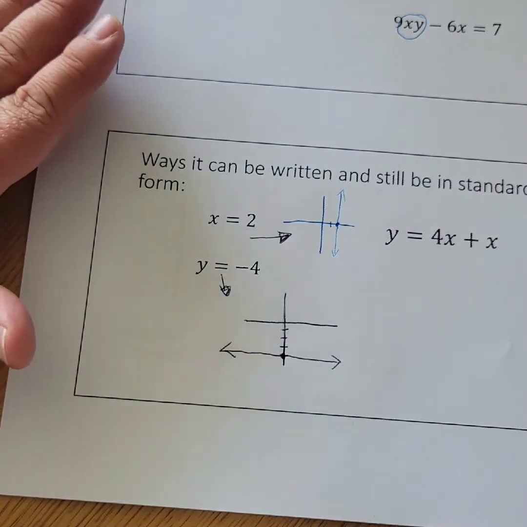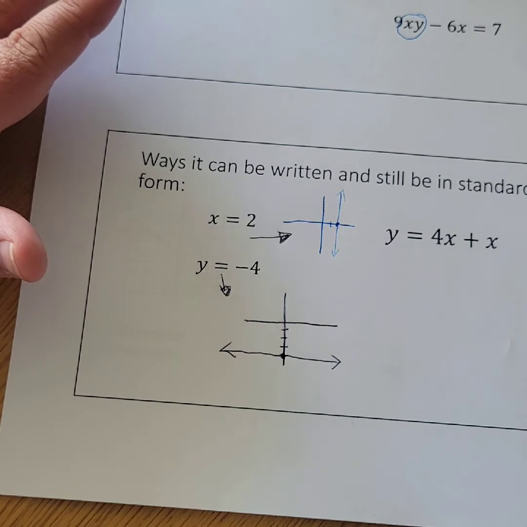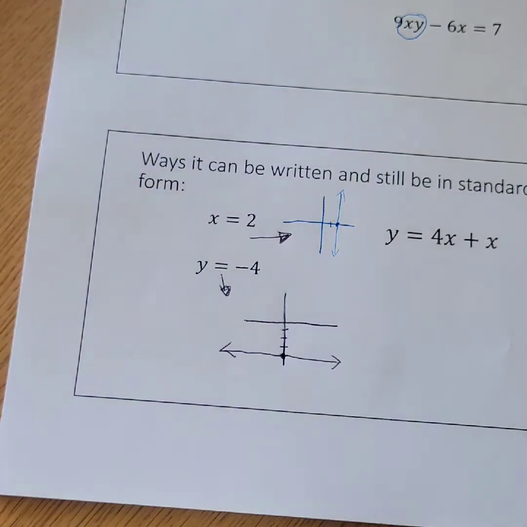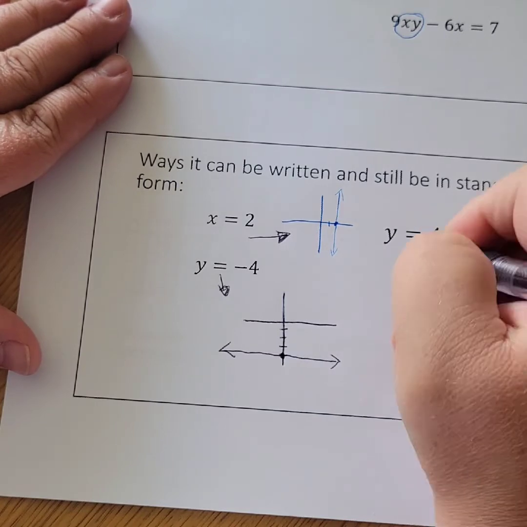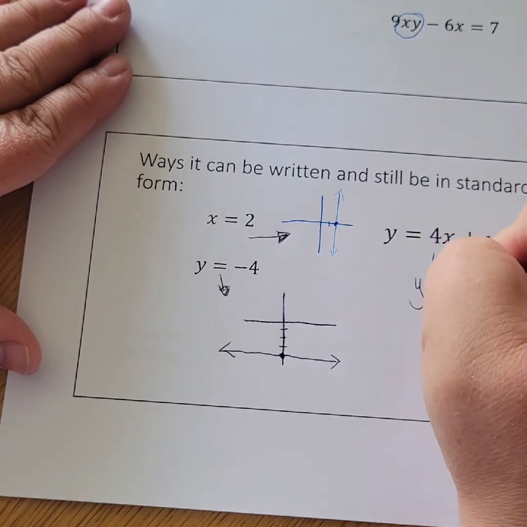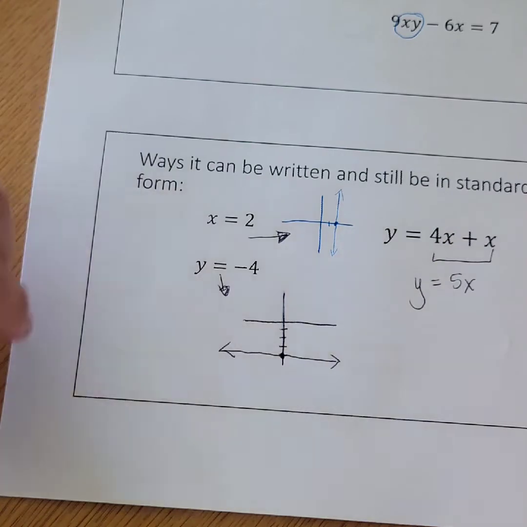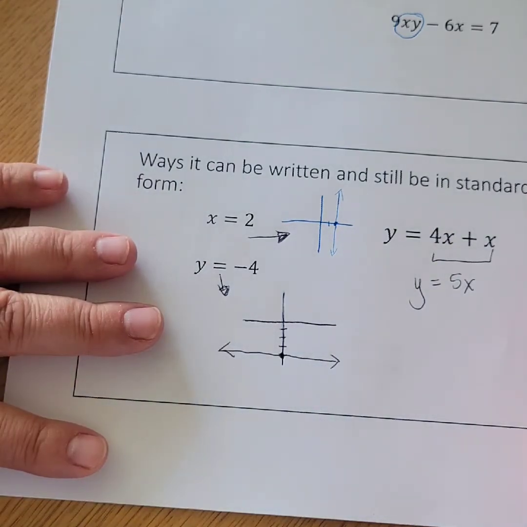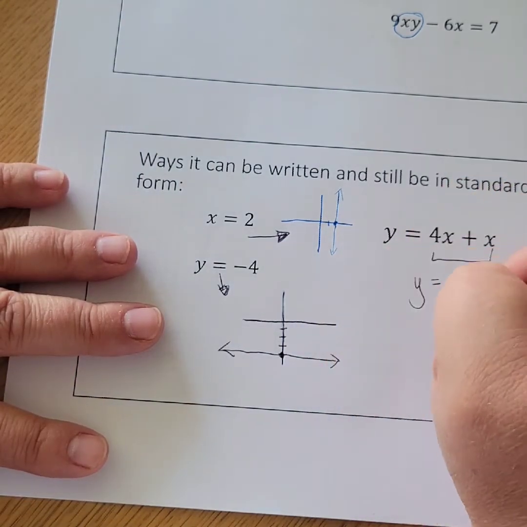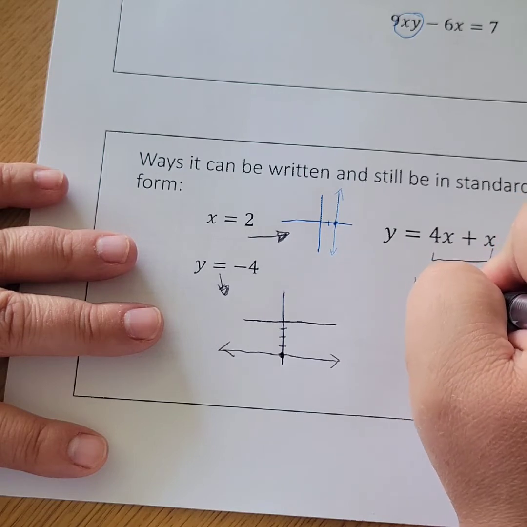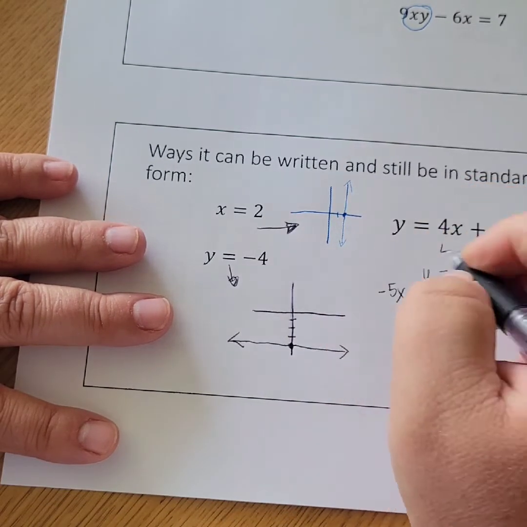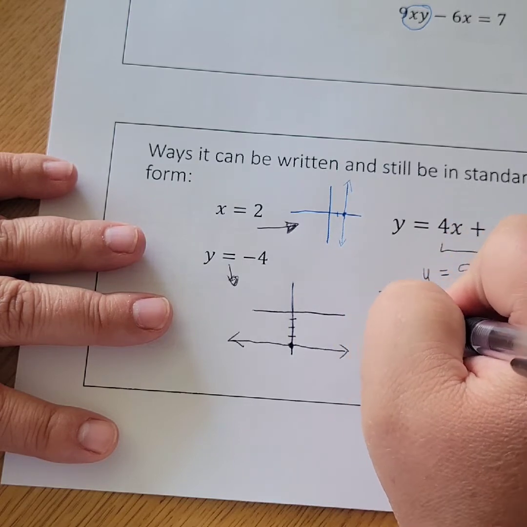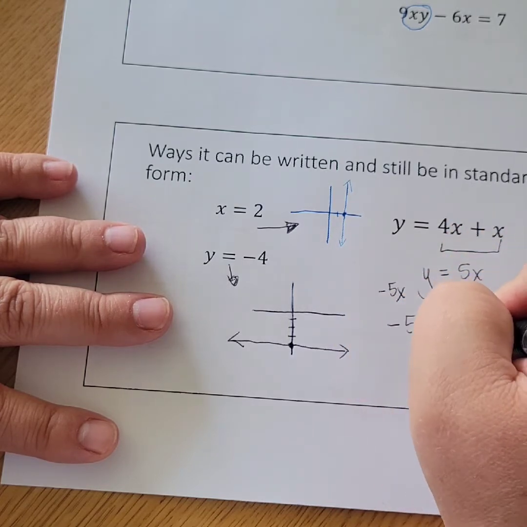So then we have this one where technically you could put those together. So then y equals 5x, okay? So then we need our x in front. So we're going to subtract it. So we have negative 5x plus y equals 0.